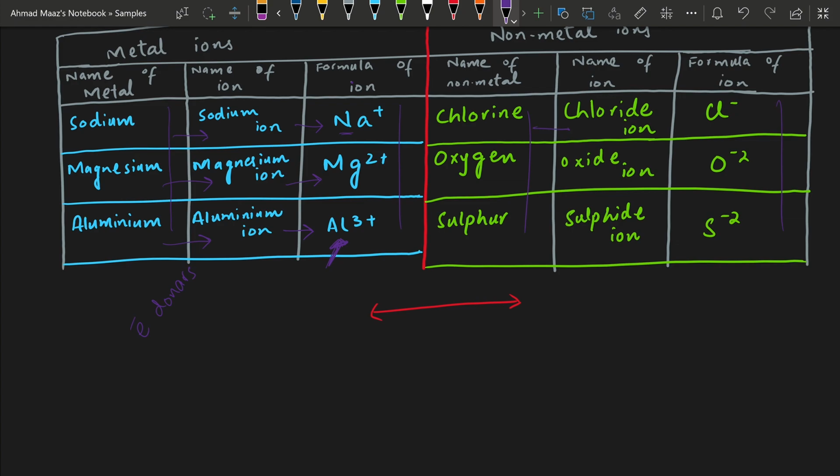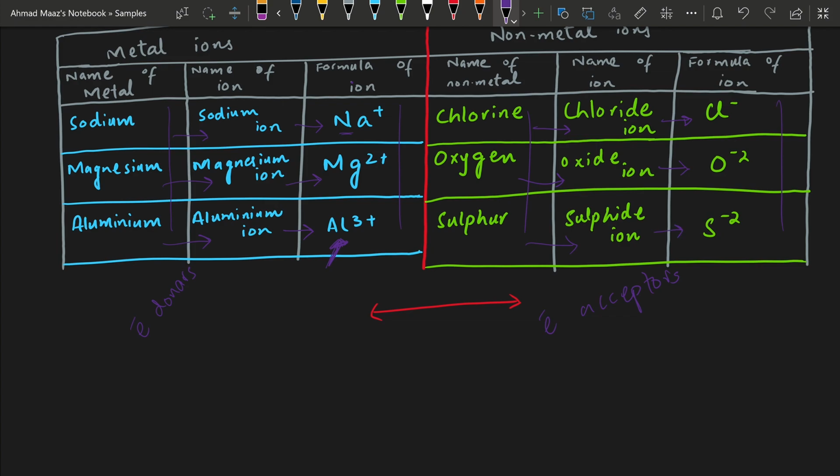Similarly, chlorine becomes chloride ions when it gains one electron. Now these are the non-metals. These are electron acceptors. Oxygen becomes the oxide ion when it gains two electrons, and sulfur becomes sulfide ion when it gains two electrons.